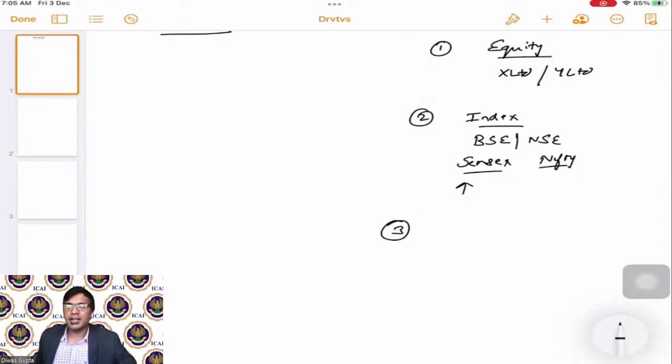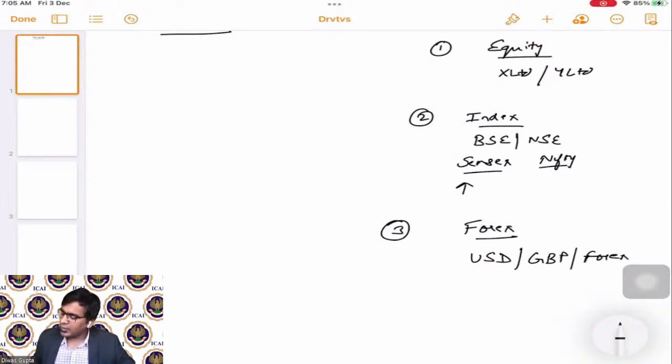Okay, Namita, let me check with the team again. Another type is Forex, for example USD, GBP or any other Forex. Now imagine that we are in India, and our primary currency to transact is INR, but USD is also purchased and sold.